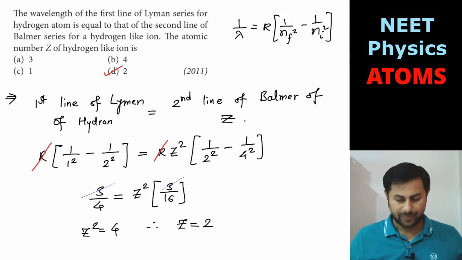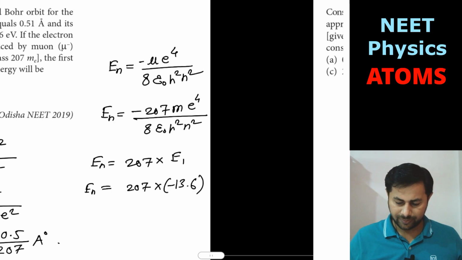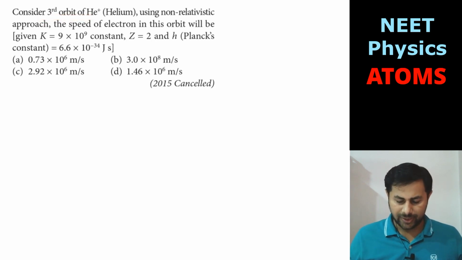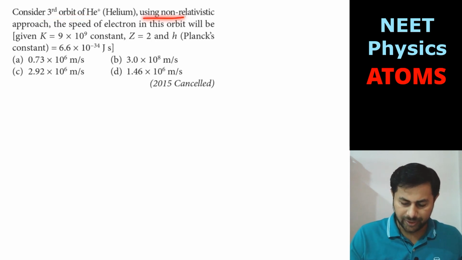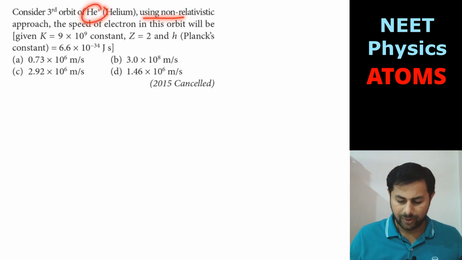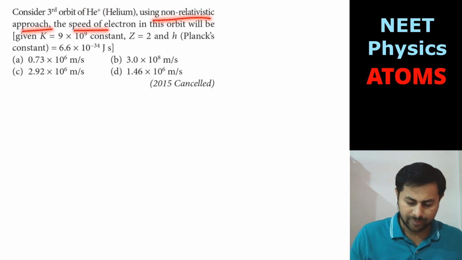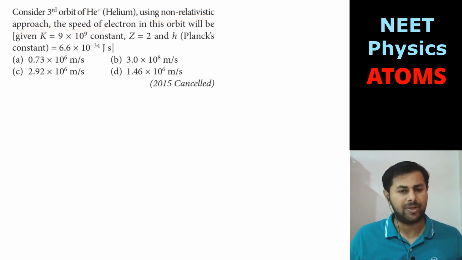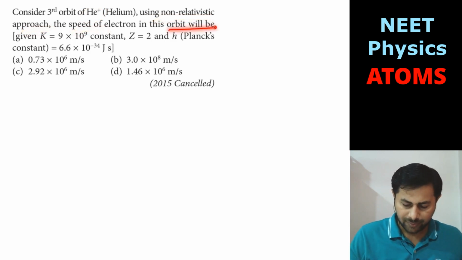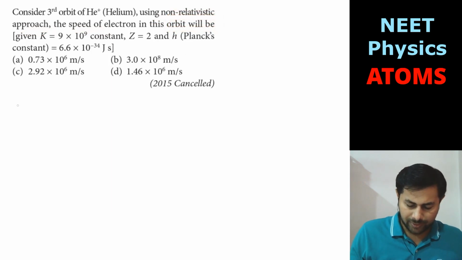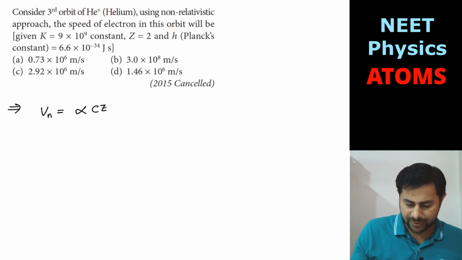Okay, good. Let's see the next one. Consider the third orbit of He, helium, using helium plus. Using non-relativistic approach, the speed of electron in this orbit will be, what is the speed of electron? So what's the formula? Vn is equal to alpha times CZ divided by n.